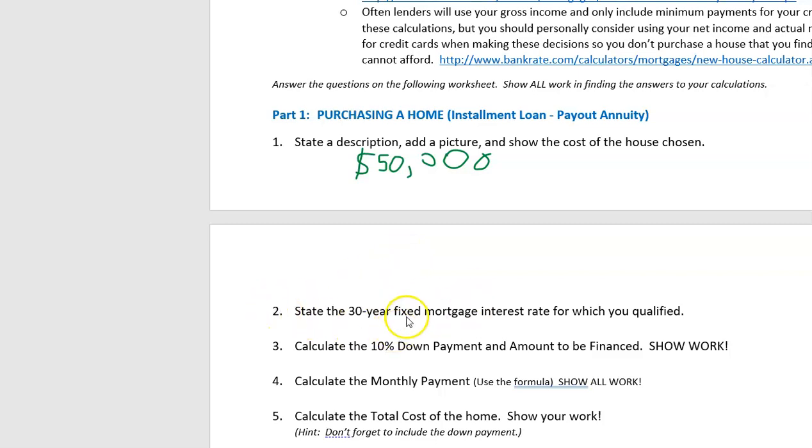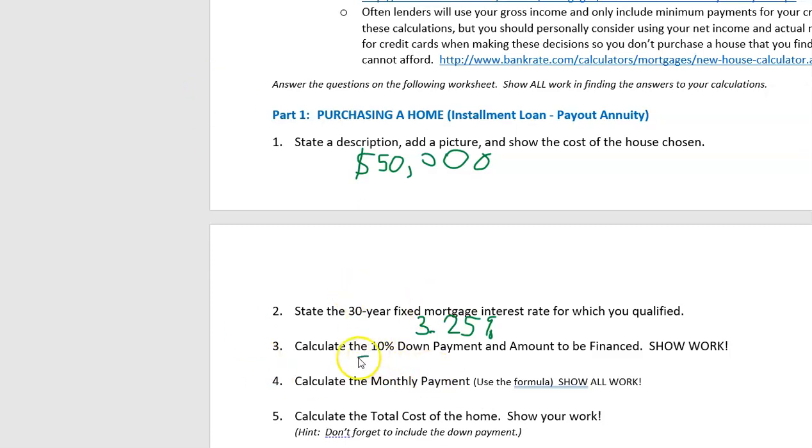So first, of course, when you look up your mortgage rate, it might be different than the one I write here. I'm just going to use the standard mortgage rate, 3.25%. Most people are not having trouble getting the down payment.